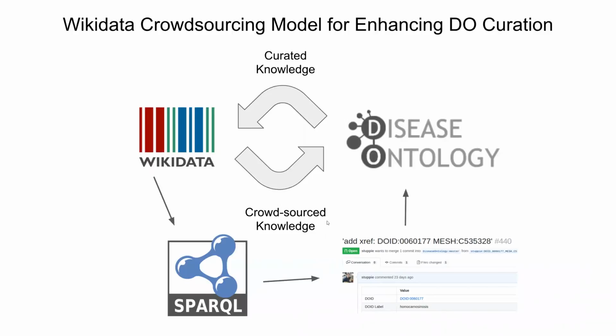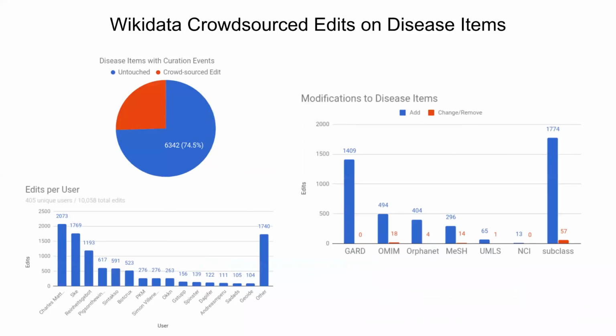Statements or knowledge taken from Wikidata that have been added by others, that have been vetted by the disease ontology curation team, can then get updated in the disease ontology and pushed back into Wikidata as well. And so you have this sort of feedback loop where we take crowdsourced annotations and then curate them and integrate them into primary resources and cycle it back through. So this is a sort of summary on the activity of disease items.